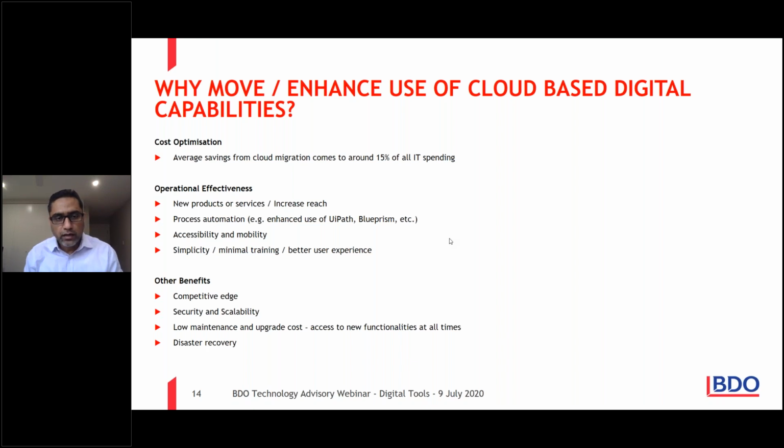So that's where the UiPath, Blue Prism type of automation capabilities are coming in. Besides the technical capabilities, process automation helps in reducing lead time, reducing the response time to the customer, and it just makes the process more seamless. All of that goes into delivering the operational efficiency side of it.